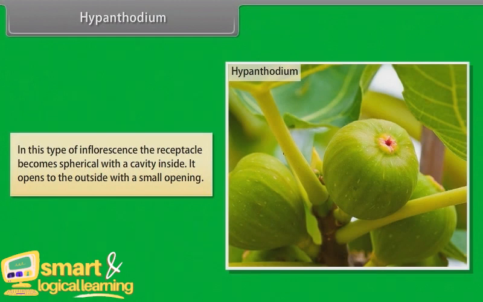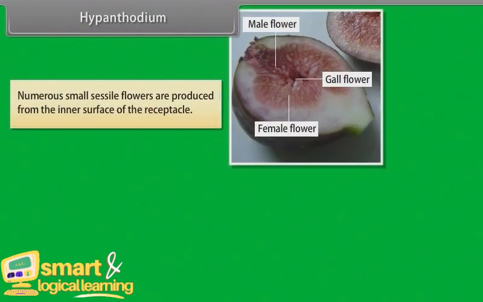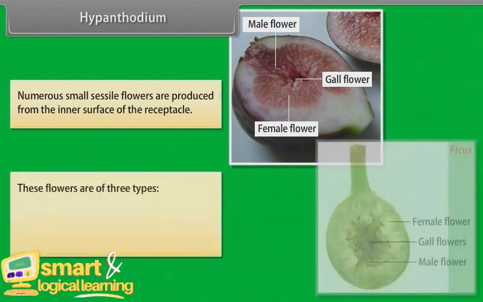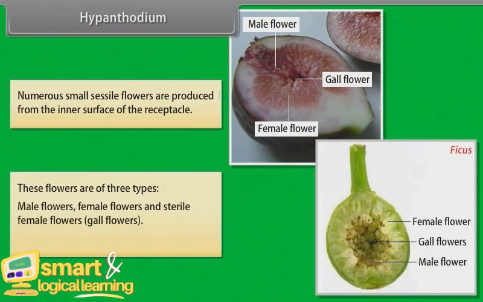It opens to the outside with a small opening. Numerous small sessile flowers are produced from the inner surface of the receptacle. These flowers are of 3 types: male flowers, female flowers, and sterile female flowers, gall flowers. Example, Ficus.